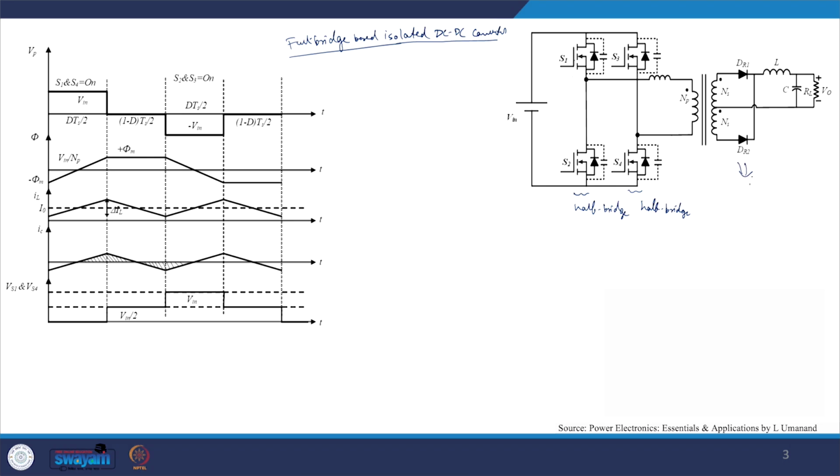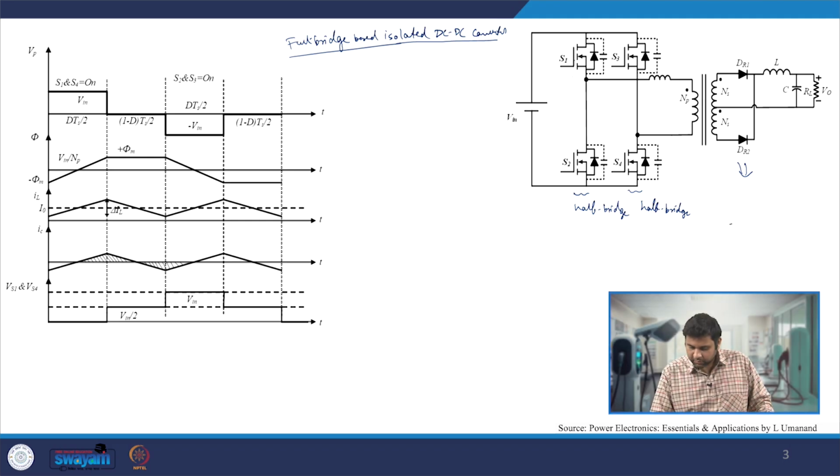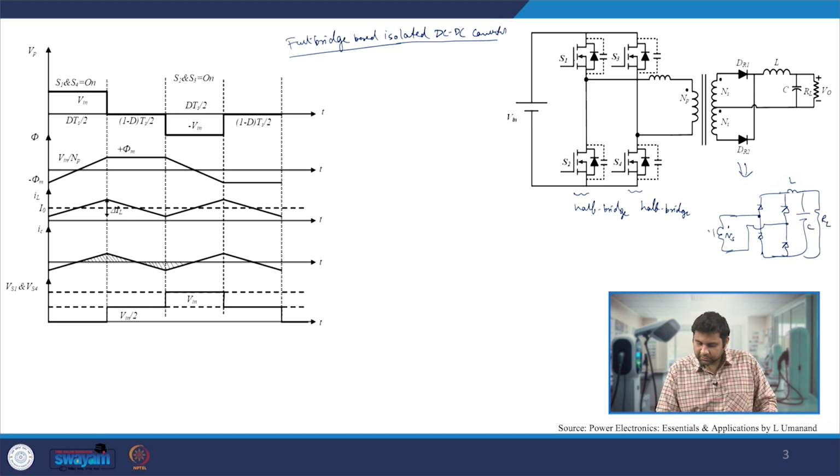Instead of this, with ns number of turns, we could have done a simple full bridge rectifier, then C and RL. Similar to that we can do that. Instead of this midpoint based rectifier power stage we can just use the full bridge based rectifier.